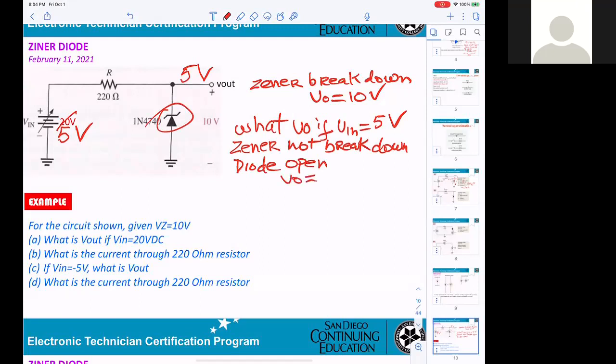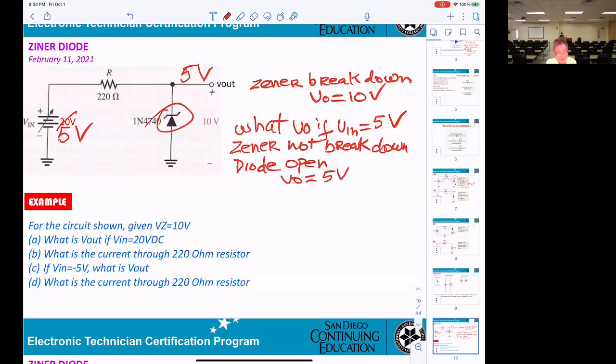Because the Zener is a voltage limiter, so V out can never be higher than the Zener voltage, right? So if V in is higher than Zener, V out equals VZ. If V in is lower than the Zener voltage, then V out equals V in. This is a simple circuitry.